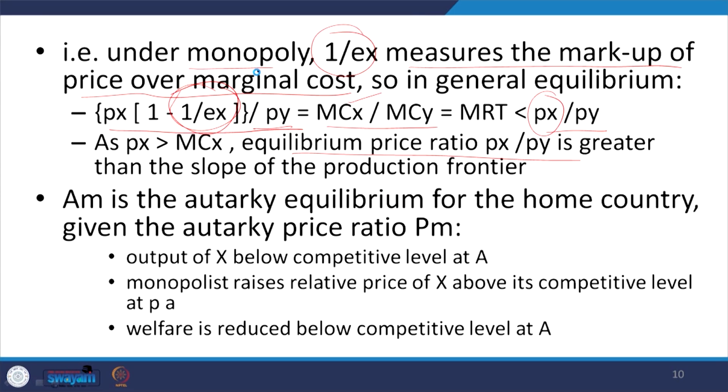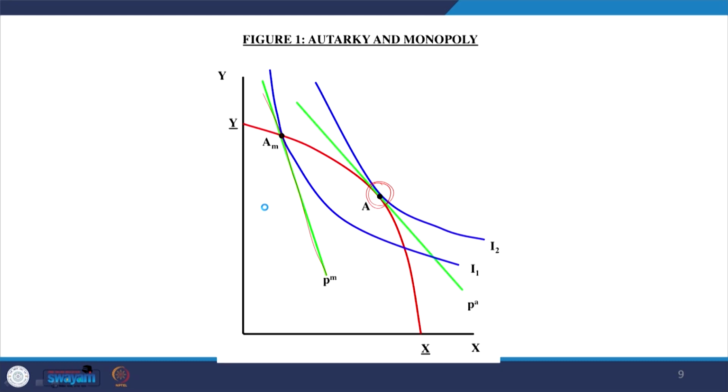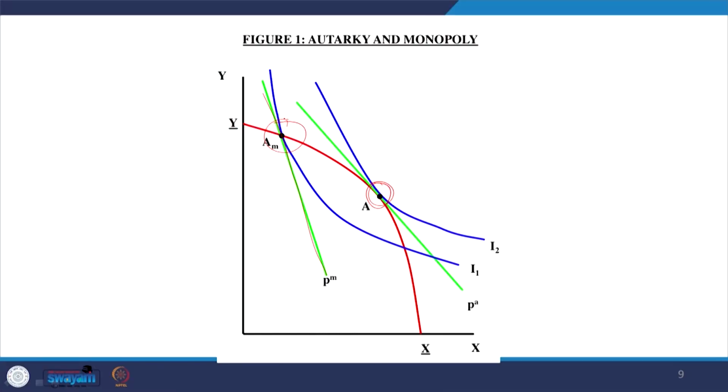AM is the autarky equilibrium, as we have already said, given the monopoly power in the market. Why is it so? Because their relative prices are higher due to the extent of elasticity of demand, and they vary given their nature of production in the market. So it is not equated with the marginal cost.